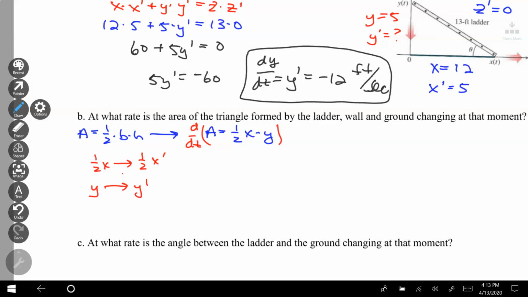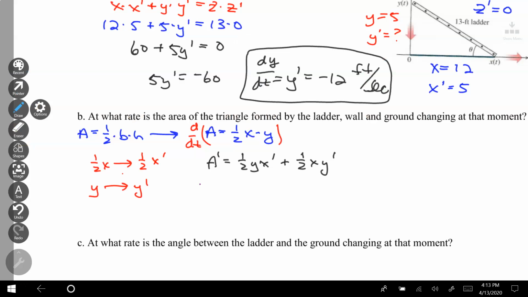I get A prime is equal to 1/2 y x prime plus 1/2 x y prime. I just figured out y prime earlier.